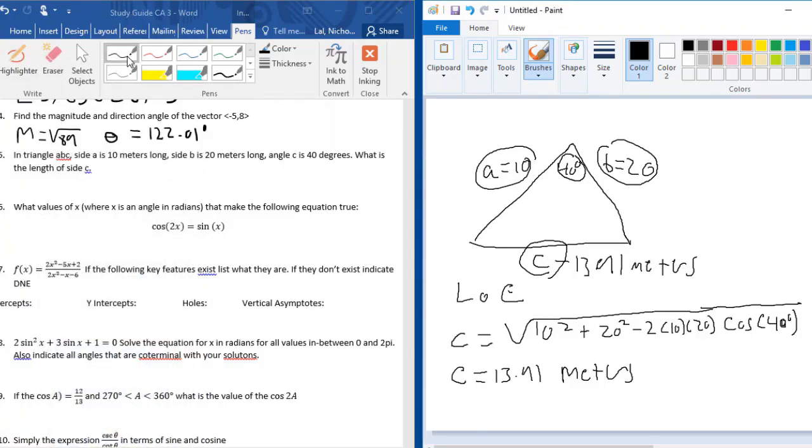And so in your answer choice, we can say 13.91 meters is our solution.